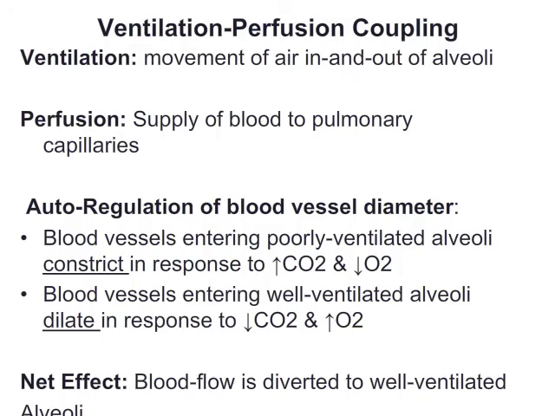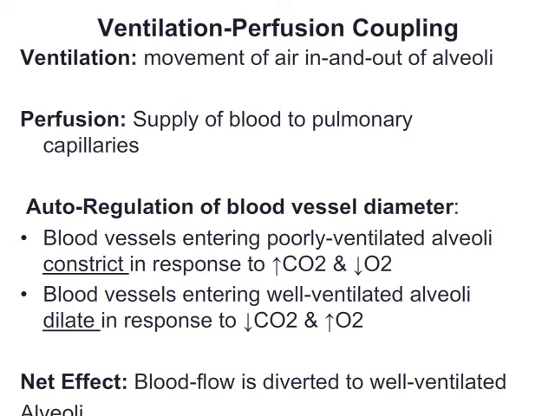A final factor that affects the efficiency of external respiration is something called ventilation perfusion coupling. Now remember that ventilation was simply the movement of air in and out of the alveoli of the lungs, whereas perfusion was the supply of blood to a body tissue or organ. Now within the lungs we tend to coordinate the supply of blood, that is perfusion, to only go to the best ventilated alveoli.